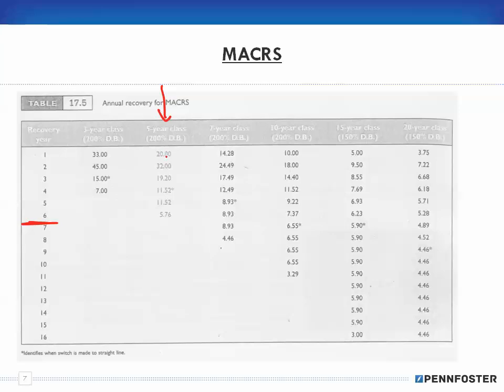The reason for that is because when you get down to year 6, remember I said everything goes down to a zero salvage value, a zero residual value. But that doesn't necessarily mean that it has to go down to that amount right at 5 years. It's saying its useful life is going to be 5 years, but due to tax situations or whatever, those percentages extend beyond that in order to get down to zero.